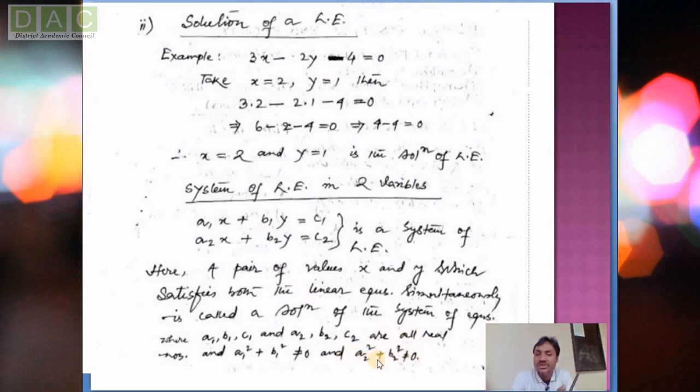This is the system of linear equations in two variables. You must remember, in a system of linear equations in two variables there must always be a pair of linear equations, that is a1x plus b1y equals c1 and a2x plus b2y equals c2.